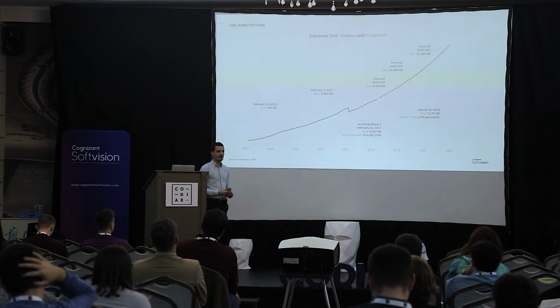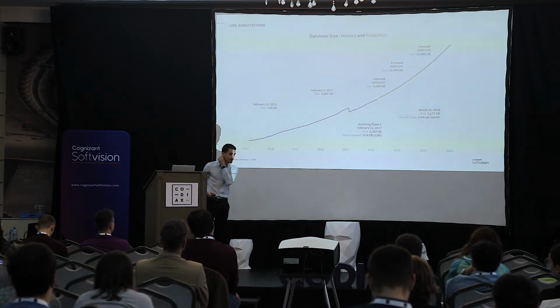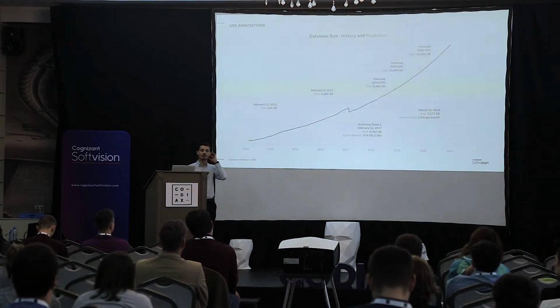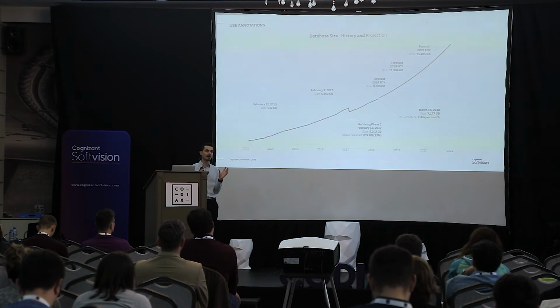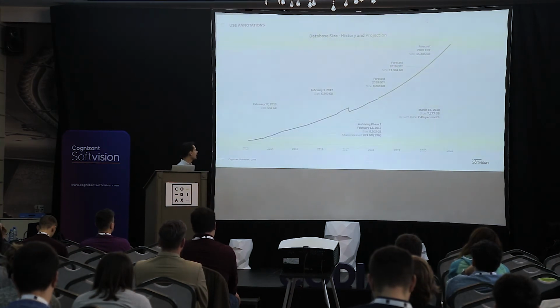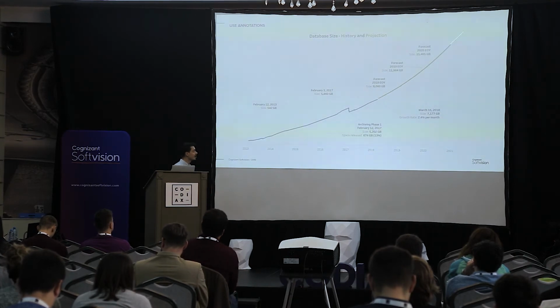Another tip is to use annotations in your charts, especially if we don't talk about dynamic charts or dashboards, right, where people can drill down and so on. If you just create a chart that you want to display somewhere and it's not interactive at all, try to use annotation if it makes sense. This is the database size over time, history and projection.